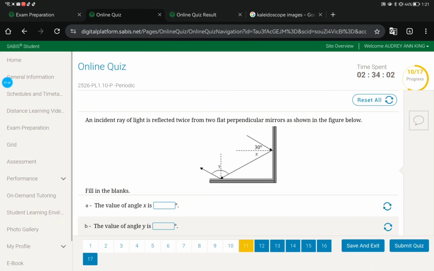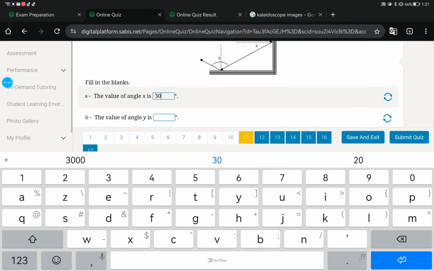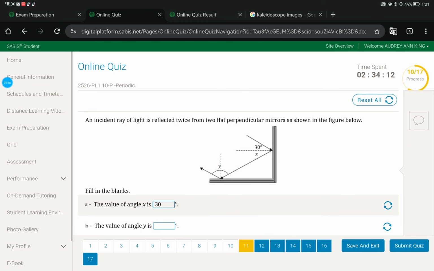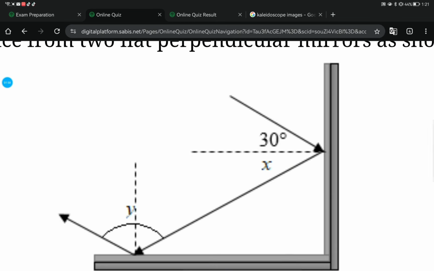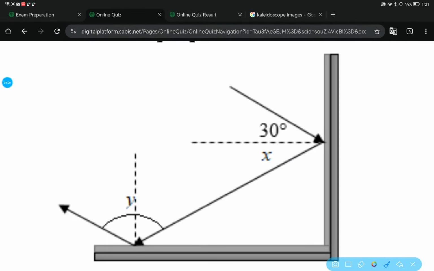Meaning that when it hits the boundary, it's going to be hitting at an angle of 30. So if we know x is 30, and it's hitting at an angle of 30, and we know it's perpendicular as they show us, you do 90.